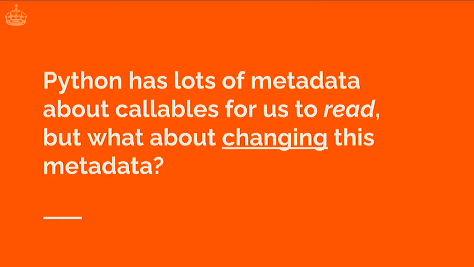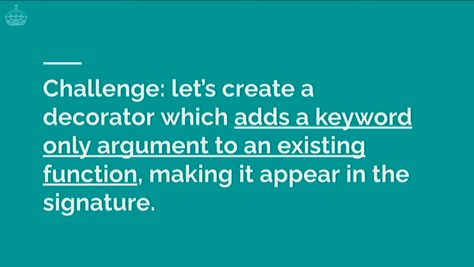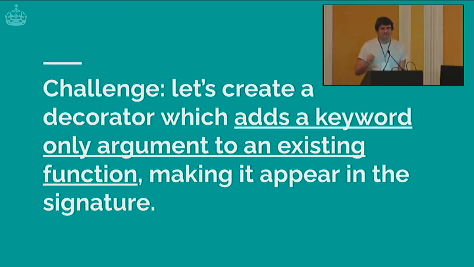Now, we've talked about reading that metadata, but what about if we wanted to change some of that metadata inside of a function signature? So it's a very quick challenge here. I'm going to create a decorator which adds a keyword-only argument to an existing function. So we're not changing our function as it exists at the moment, but we are adding a keyword argument to its signature.